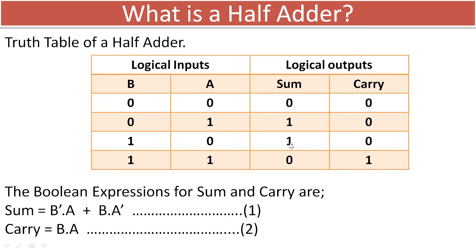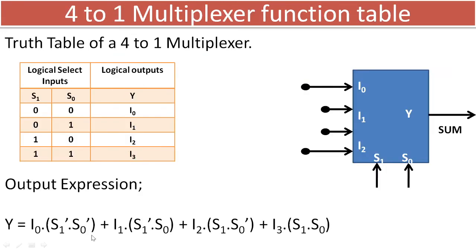So what we can do is write the sum of product form in this manner, where sum is nothing but B bar A plus B A bar. Similarly, if we talk about carry, only one of the outputs is high, and this is when both B and A are 1. Hence, carry is nothing but B and A. So now let's try to implement the same thing using 4 to 1 multiplexer.